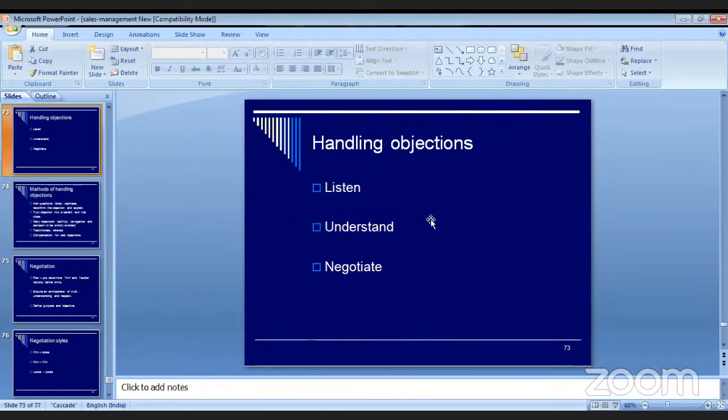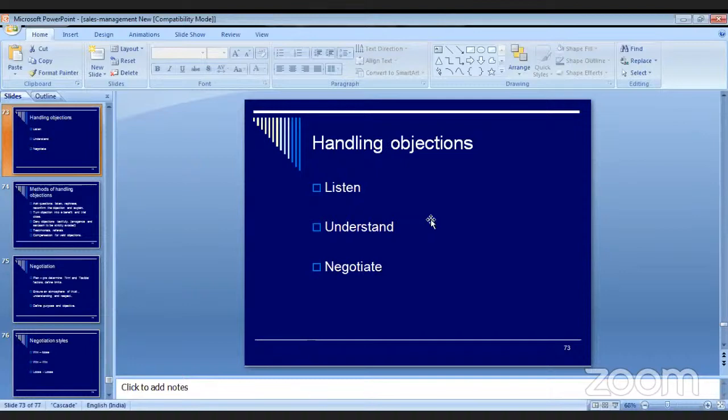Then in sales, you can find different objection handling methods. There are certain steps you can find: listening, understanding, and negotiation. Sales people find different kinds of objections when they go to a company; customers say your sales is not good, your service is not good, your product is not good.